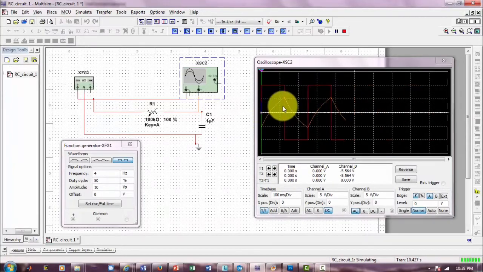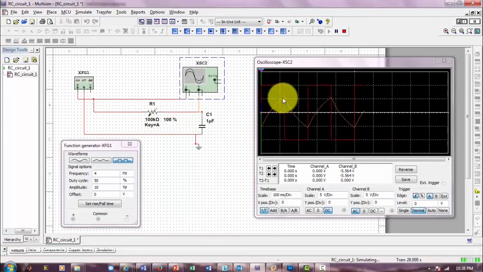So we can change the timing of when the capacitor is fully charged and discharged by either providing more time by changing to a lower frequency, or increasing and decreasing the resistance.